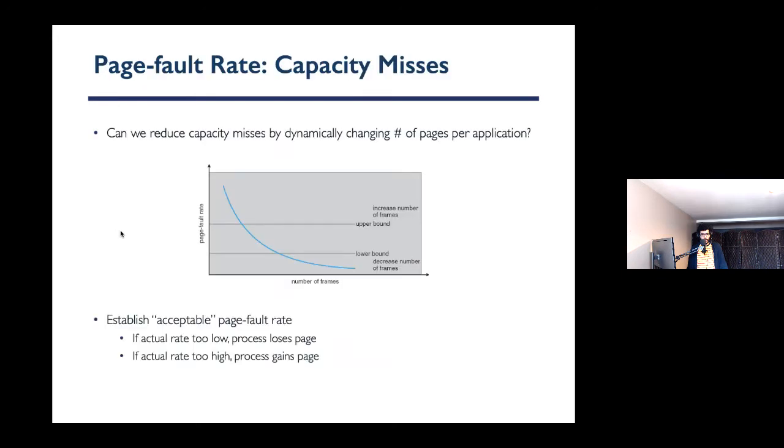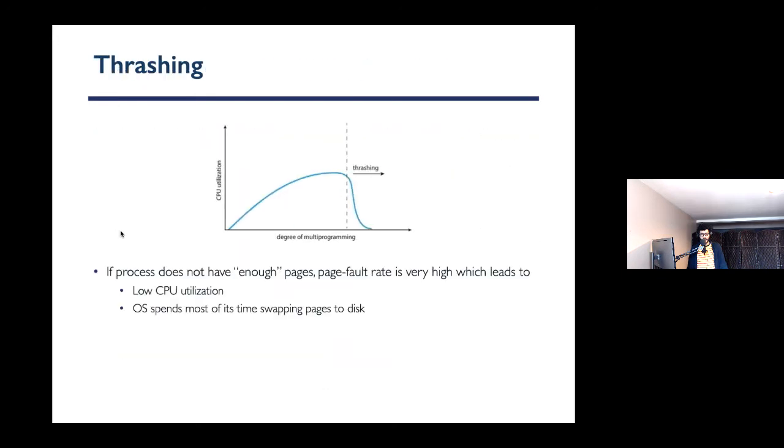One thing that could happen in systems very often is a phenomenon called thrashing. Here in this graph, on the x-axis you have the degree of multiprogramming, meaning how many programs are running at the same time.